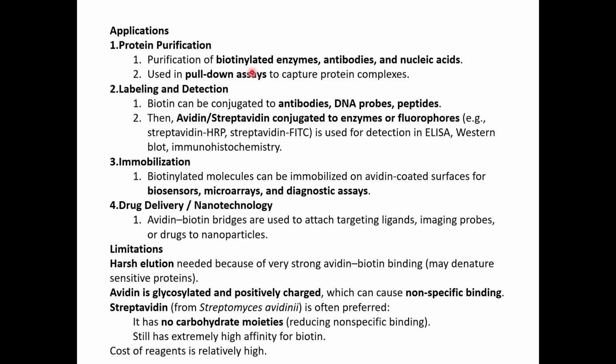So biotin can be conjugated to antibodies, DNA probes, peptides, etc. Then avidin or streptavidin conjugated to enzymes or fluorophores are used, so that when the avidin binds to the biotin which is present on the antibodies or the probes, it will give you some sort of detection, like when tagged with fluorophores or chromophores, etc. So your avidin or streptavidin is conjugated to enzymes or fluorophores.